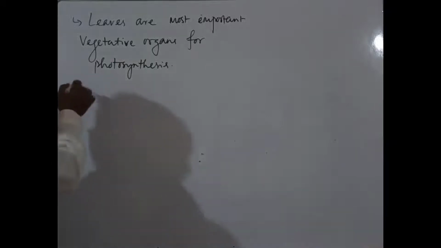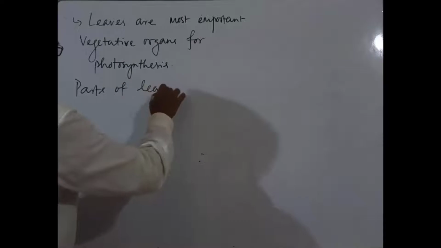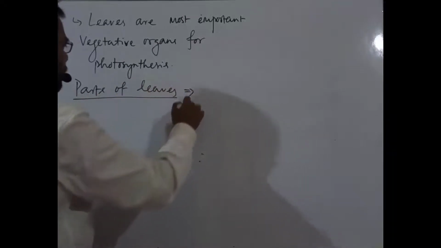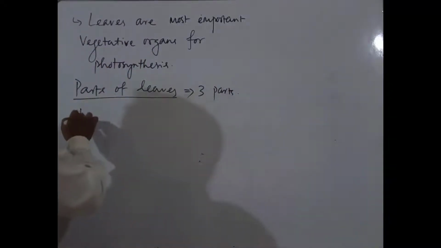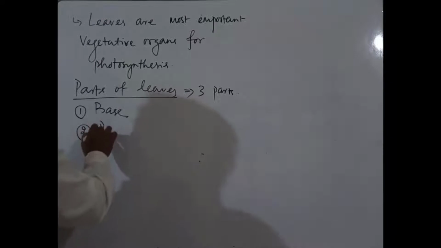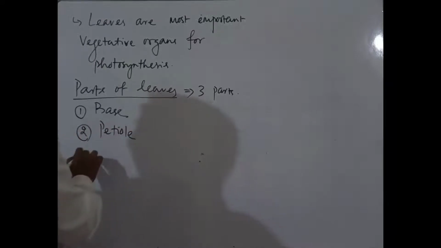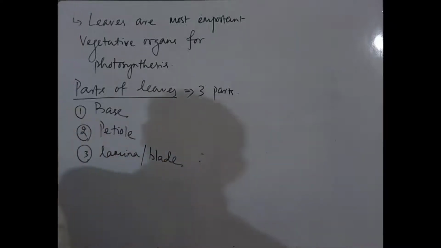Now go to the parts of the leaves. So three parts are there. Leaves का तीन पार्ट है. Number 1 base, number 2 petiole, number 3 lamina, या इसको बोलते हैं blade, leaf lamina और leaf blade. So these three parts are having alternate names.